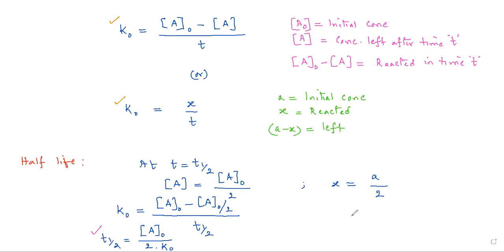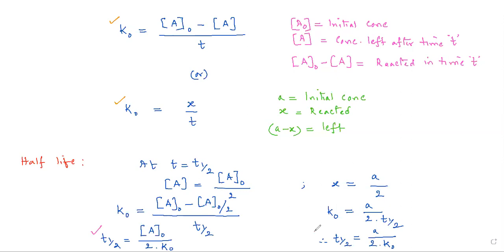Now coming to this, it can be given as K0 is equal to, straight away, A by 2, because x is A by 2 and now t is t half. Therefore, t half can be given as A by 2 into K0, right?